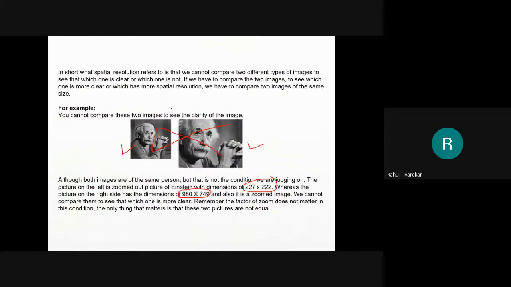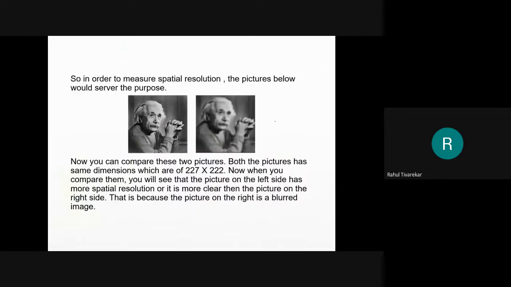So if the areas of two different images are different, we cannot compare the spatial resolution. So if you want to compare the spatial resolution, the images should be of the same size. And then by looking at that image, you can see which of these images can give you more discernible detail, which can give you the smallest finite details. Obviously, this image can give you the smallest finite details, and hence the spatial resolution of this image is more than this image. I hope the idea is very clear now.